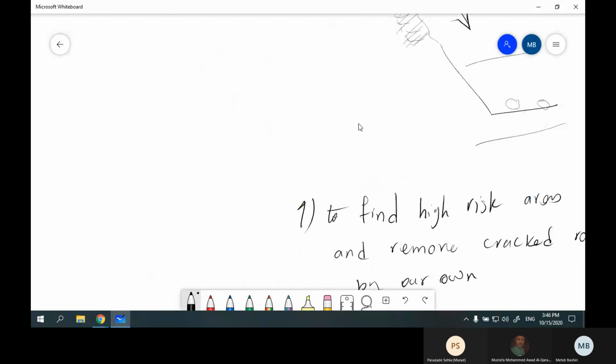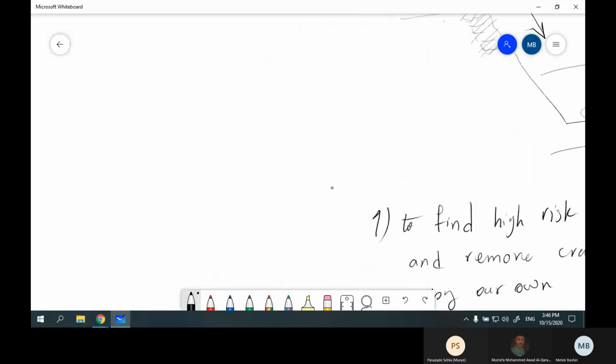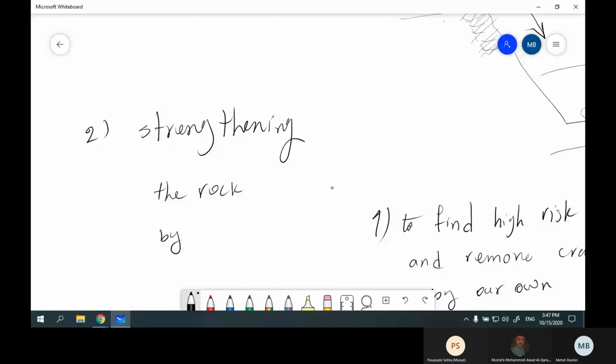The second one is injection, strengthening the rock by injecting.